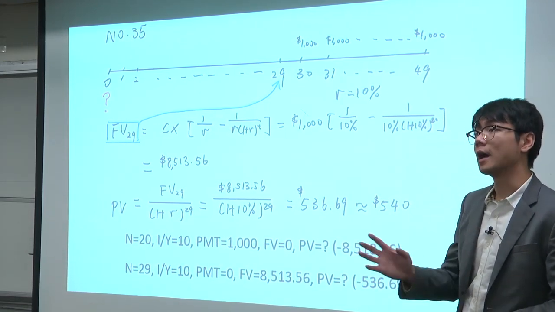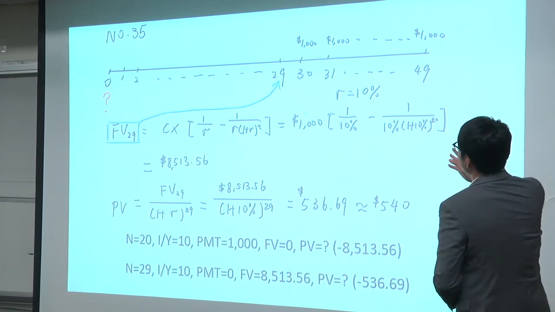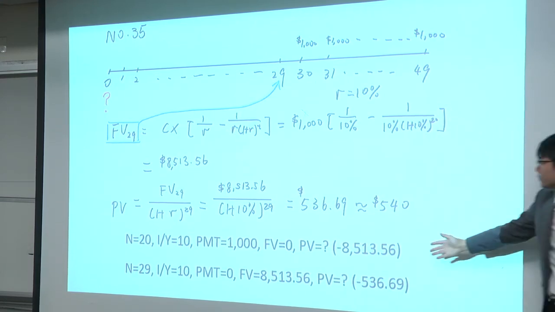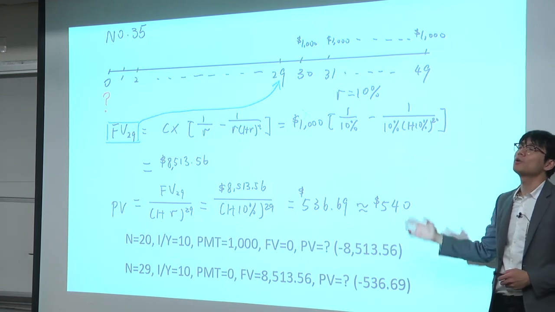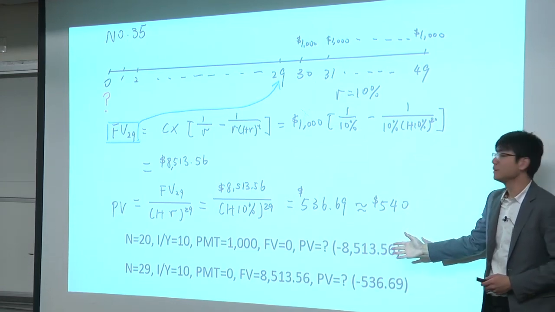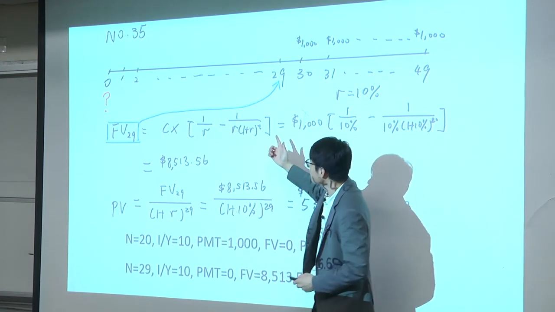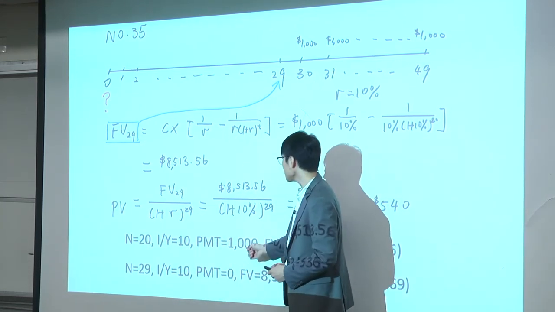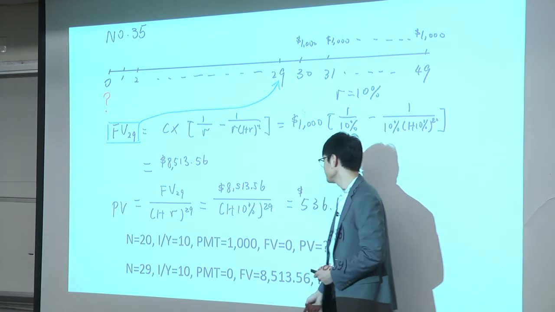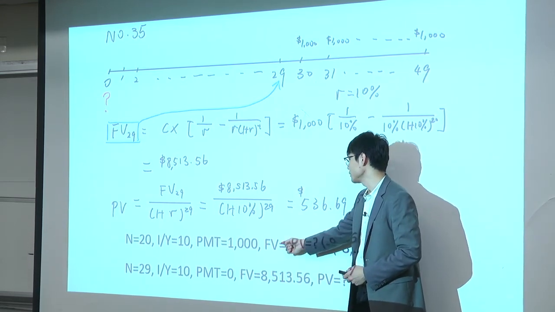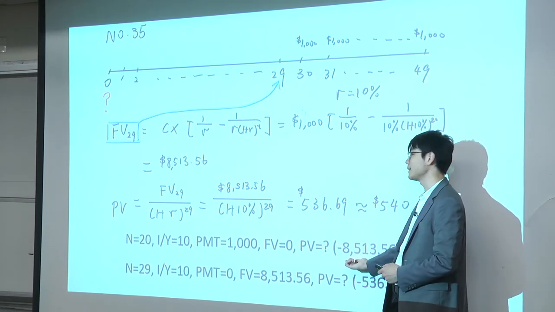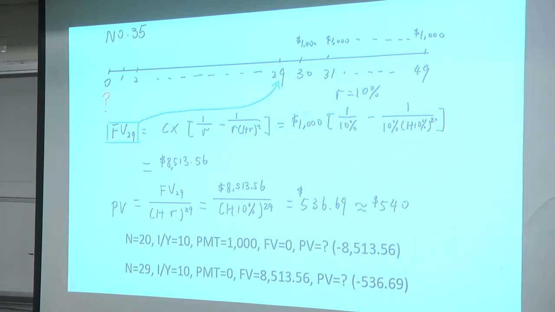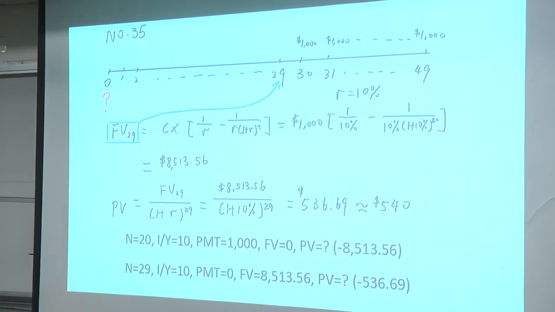Now if we want to calculate this on the calculator, the calculator works in the same way. You input all these numbers: 20 payments, 10% interest rate, $1,000 payment every year. You don't have anything in the future value. Your present value is a negative $8,513.56.